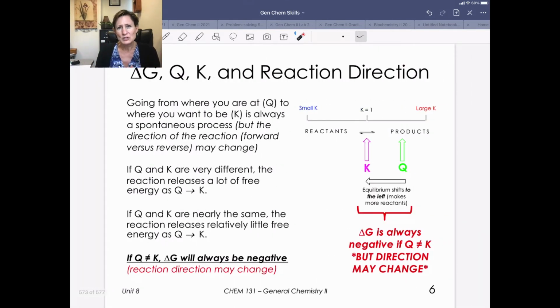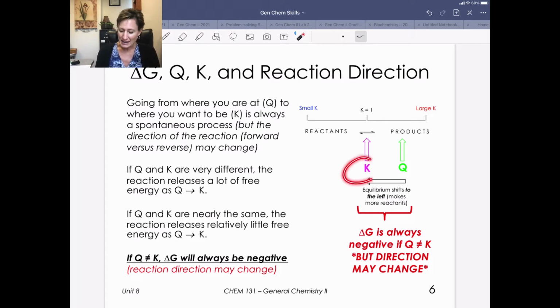So tying this all together with some concepts that we've already learned about with thinking about equilibria and shifting equilibria, we talked about Q versus K comparisons with equilibria. And any time that you are at some place that is not where you want to be, remembering that Q represents where you're at, K represents where you want to be, anytime you are not where you want to be, it is going to be a spontaneous process to get you there.